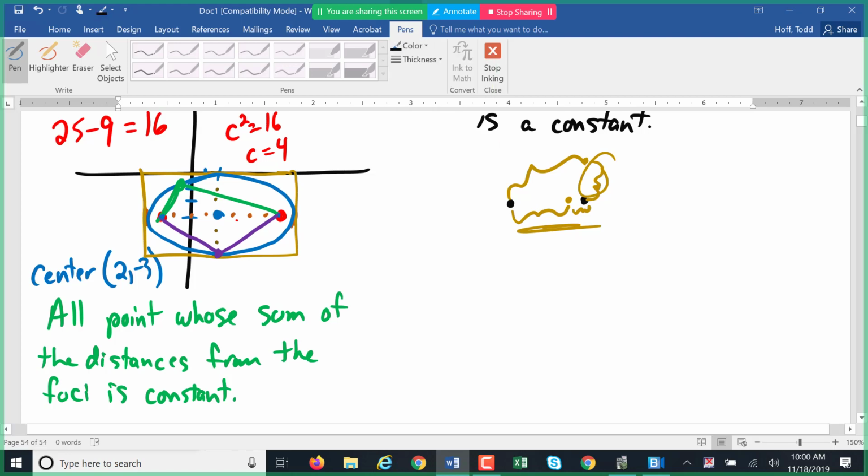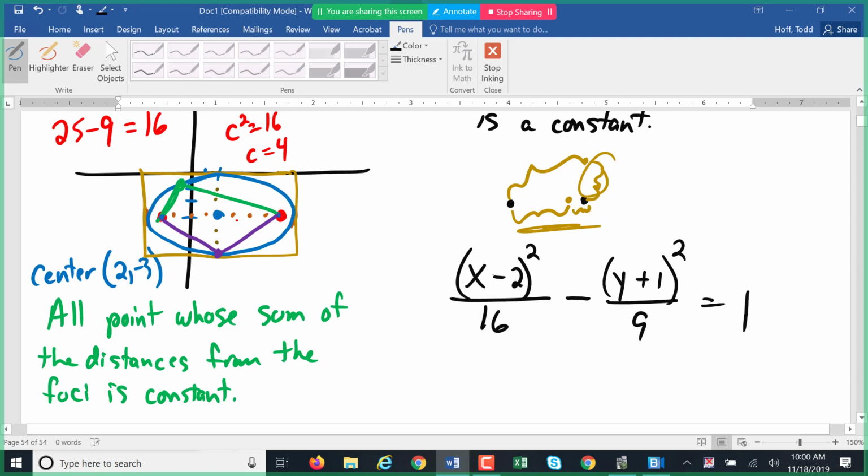But if we look at our equation, and I'm just going to put some numbers down here. (x minus 2) squared over 16 minus (y plus 1) squared over 9 equals 1.